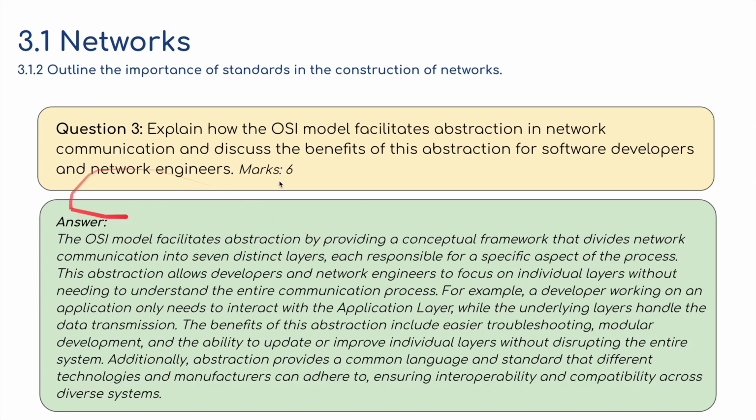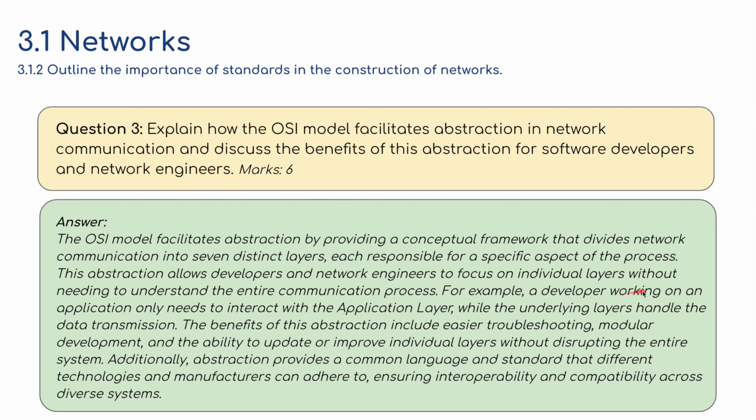And then finally, with more detail here, the OSI model facilitates abstraction by providing a conceptual framework that divides network communication into 7 distinct layers, each responsible for a specific aspect of the process. The abstraction allows developers and network engineers to focus on individual layers without needing to understand the entire goings-on of the network.